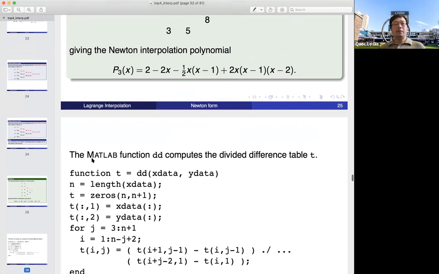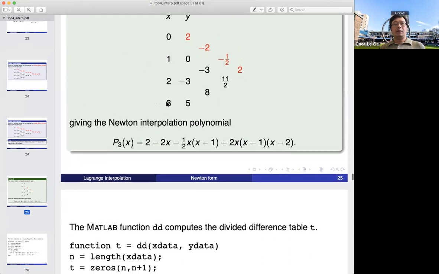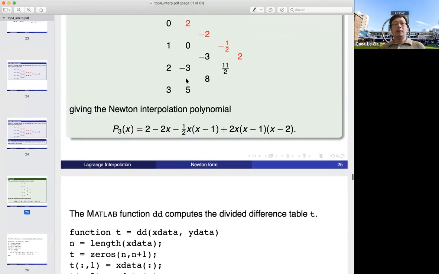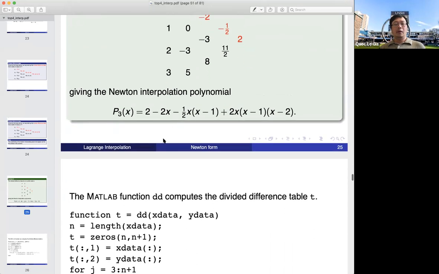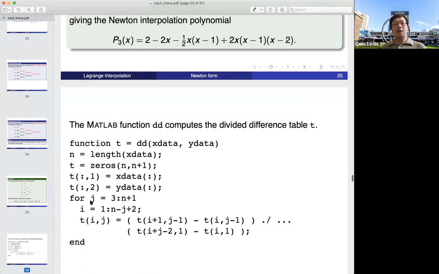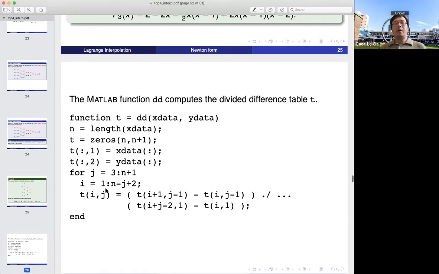The first column is just x, and the second column is just y. Now the third column onward: j runs from the third column to the final column, n plus 1. Then I set i to run over the rows from 1 to n minus j plus 2.